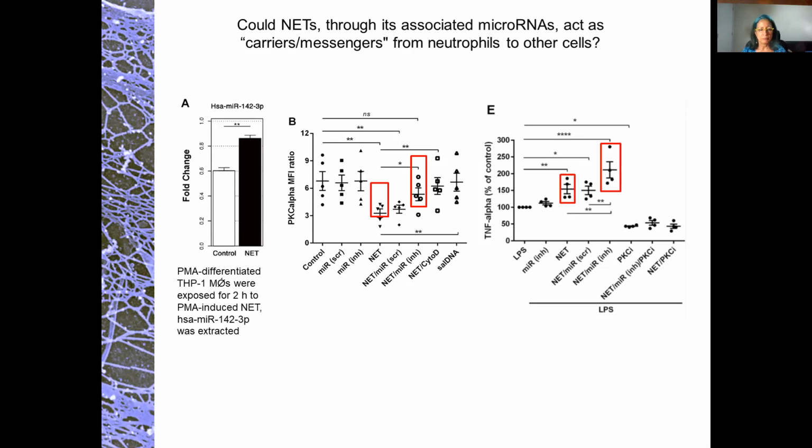So we have these NETs, and you incubate these NETs with THP1, that is a macrophage lineage that we differentiate with PMA to macrophage. Normally, that is the procedure to have macrophages of this lineage. And then we incubate this macrophage with the NETs induced by PMA during 2 hours.